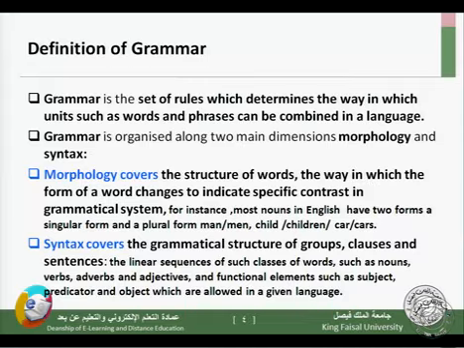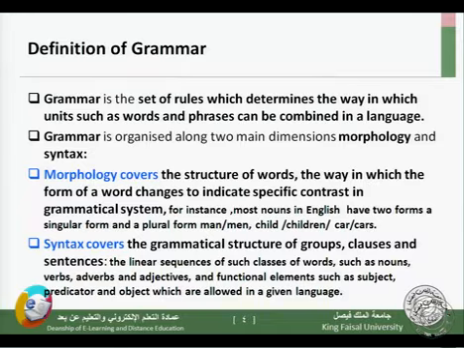Morphology. What does morphology cover? As you can see, the structure of words. As I said, morphology really has something to do with words.